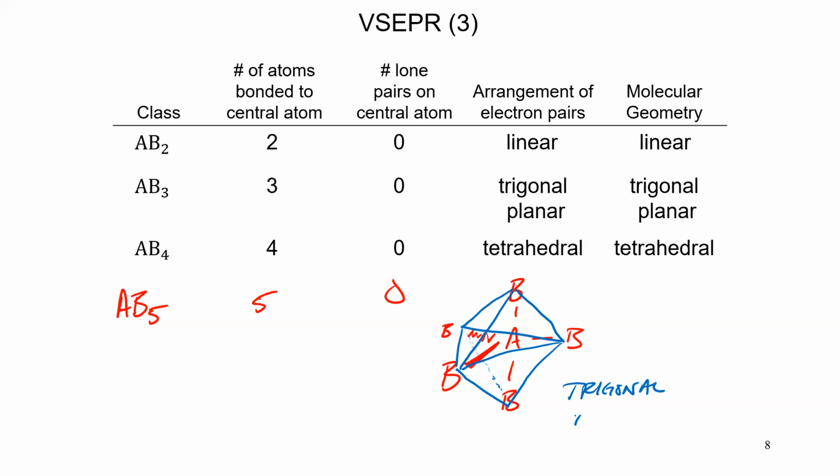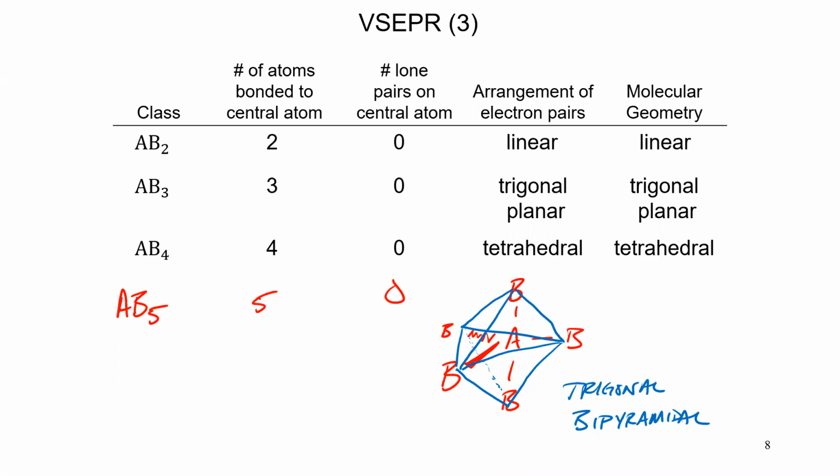And so we call it trigonal bipyramidal because we've got a pyramid on top and a pyramid on bottom. Those are trigonal pyramids because the base there is that triangle in the middle. Again, some people say trigonal bipyramidal, which blows my mind, but however you want to say it is okay.